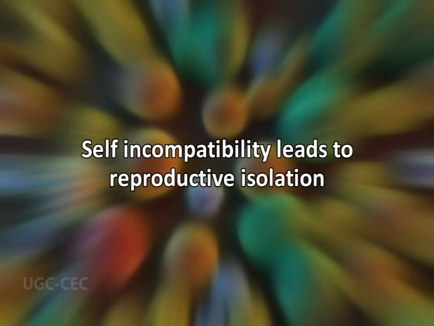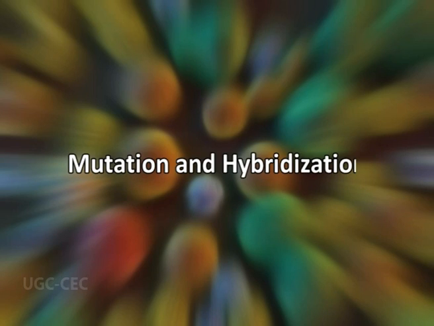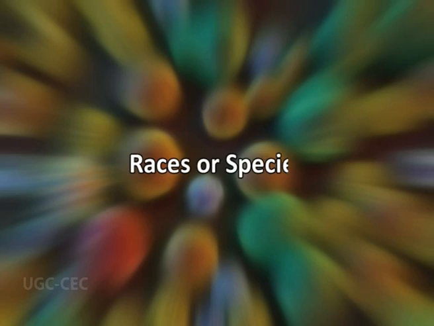Self-incompatibility leads to reproductive isolation and thus made the road for new races and species through the process of mutation and hybridization. When a free flow of genes between the 2 populations of a species stops, they are regarded as 2 variants, and if the differences in the populations are fairly large, they are considered to be 2 distinct races or species.